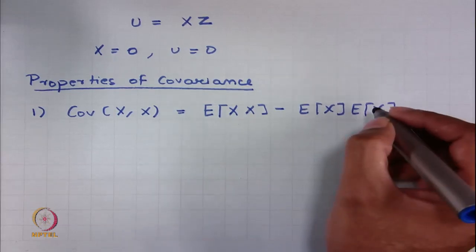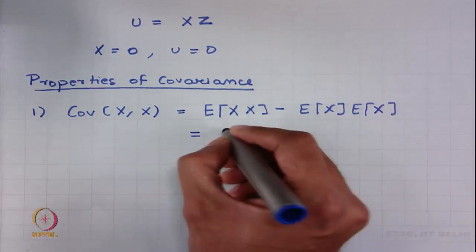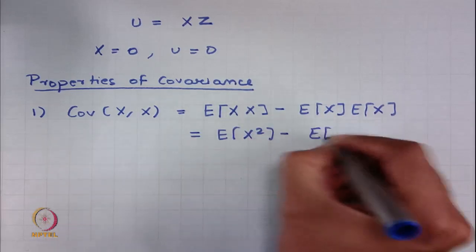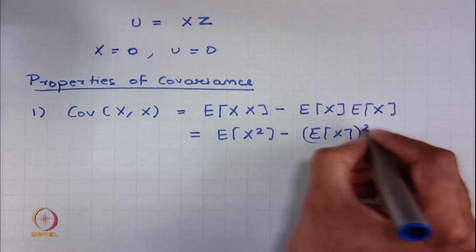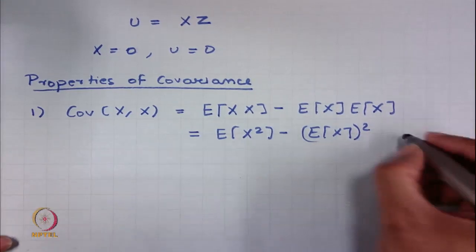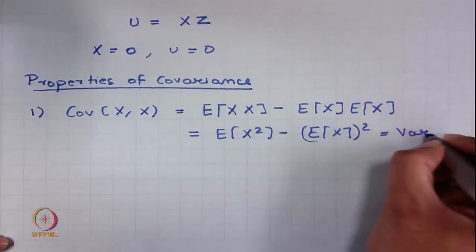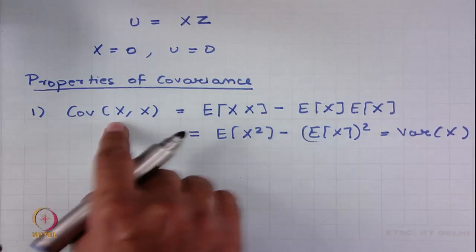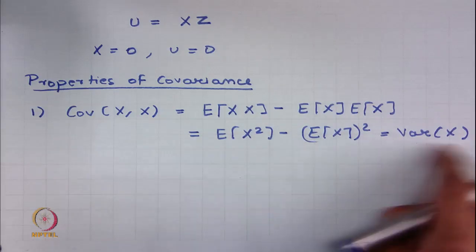This is by definition. If you look at this, this is nothing but expected value of x square minus expected value of x whole square, and this is the variance of x. So, we learn that covariance of x with x is nothing but the variance of x.